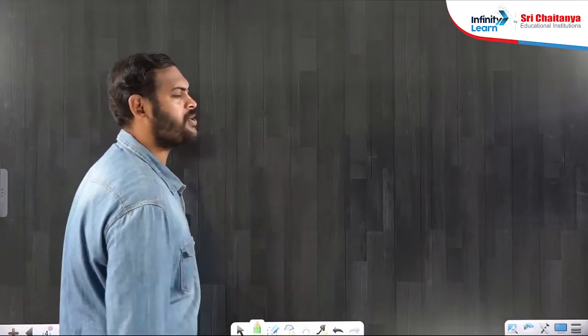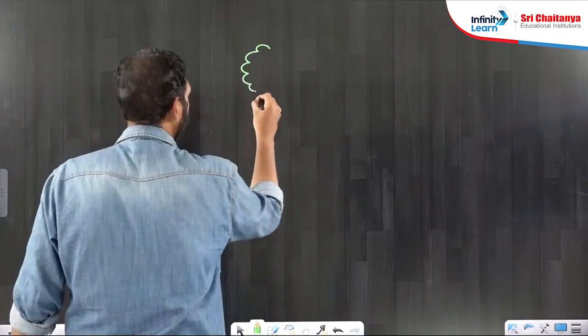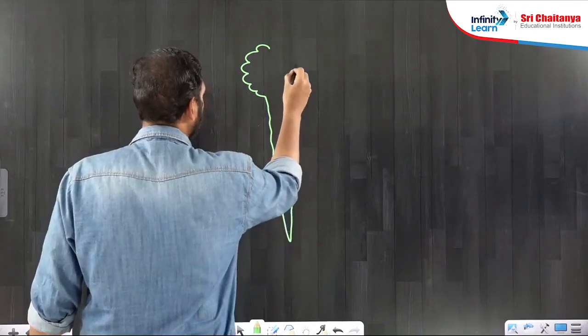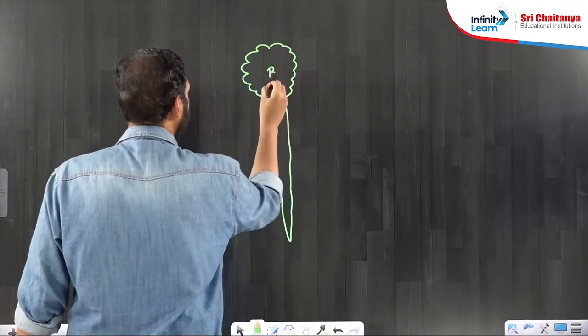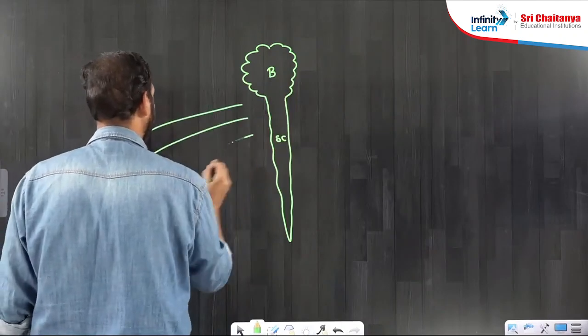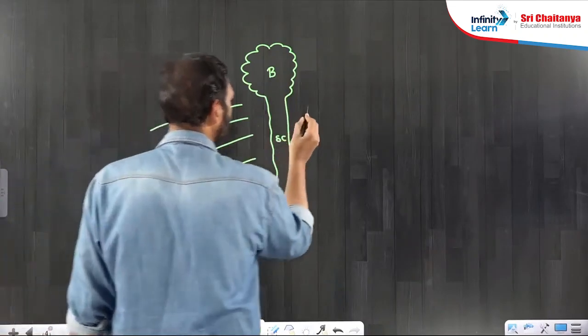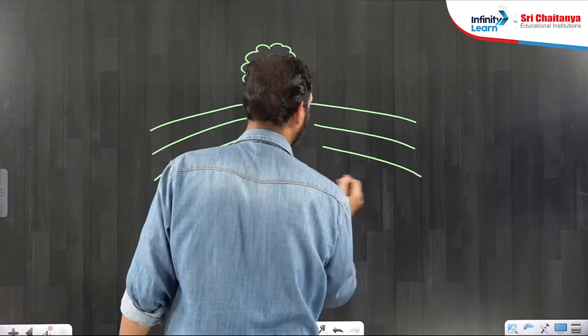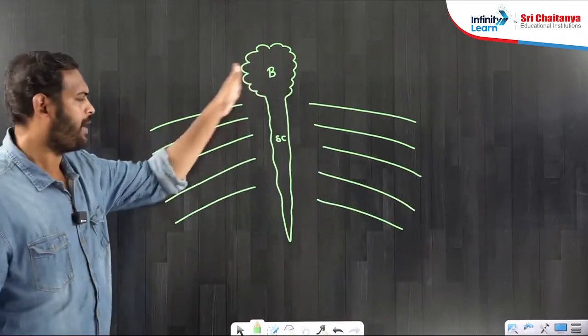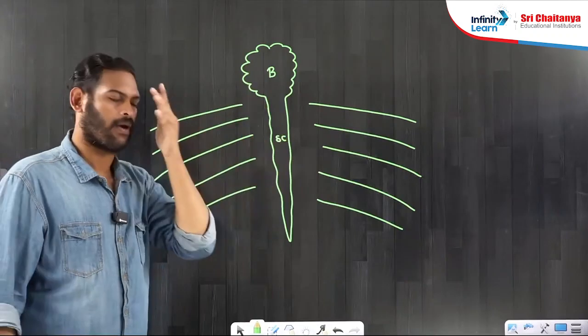In the PNS, if you speak again, this is the CNS with brain and spinal cord, right? And the PNS like this. CNS and PNS. Okay.